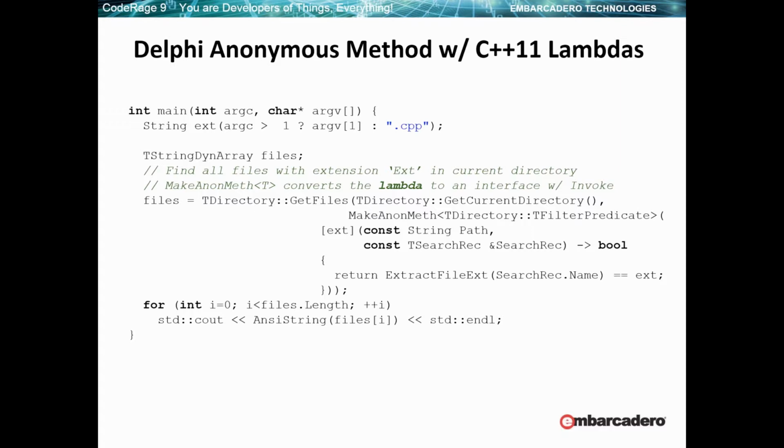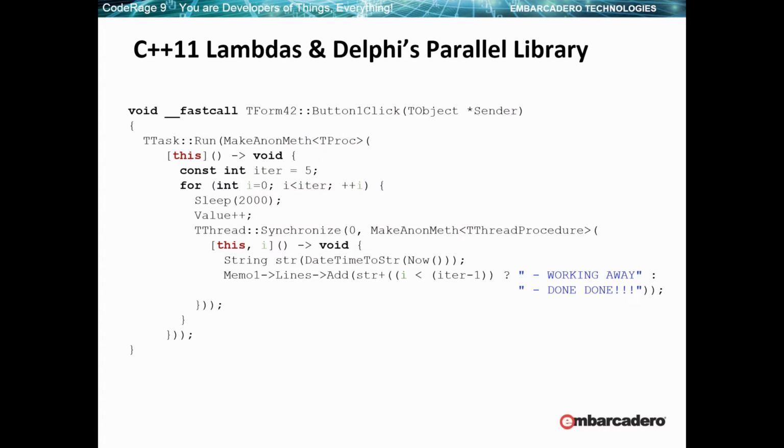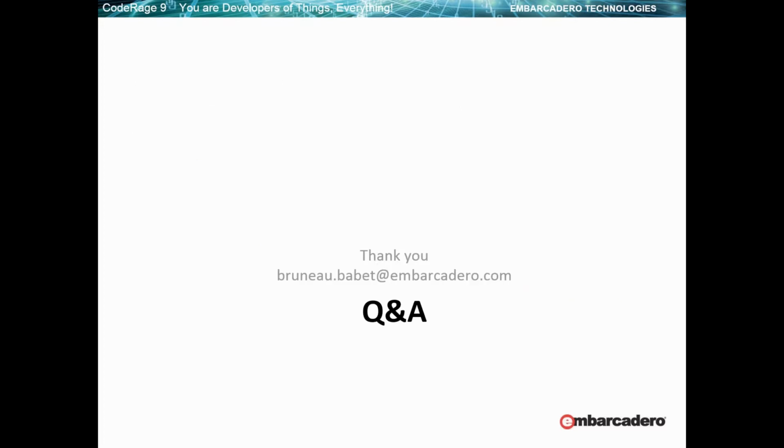We want to add begin and end so that you can do the iteration and so forth. So it would be too much to talk about. I don't have the time to talk about all these features, but there are lots of features of C++11 that just make it a little easier to work with Delphi. So here's the parallel library in the slide, just to show the example.